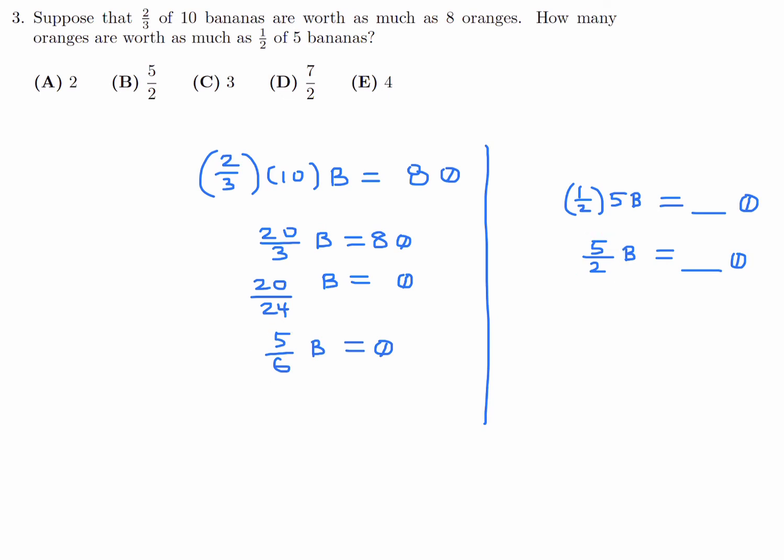In fact, I can get that number if I multiply both sides here by 3. So this becomes 5/2 b, and this becomes 3 oranges. And there you go, I just got it. So this number in here is a 3. So 5/2 bananas is equal to 3 oranges, and therefore number 3, the answer is 3, and that's choice C.